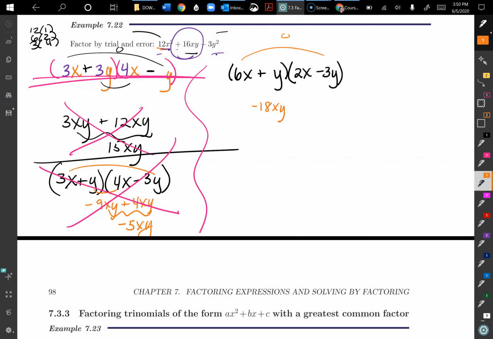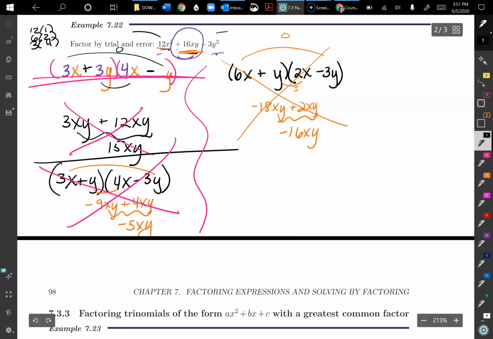And then I get an inside of plus 2xy. So that gives me a negative 16xy, which is very close. I have the wrong sign. So that one's no good, but now let's just switch the signs around.